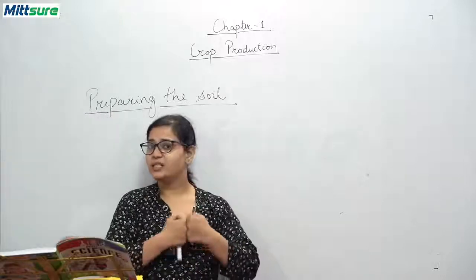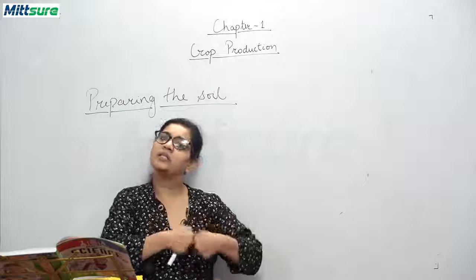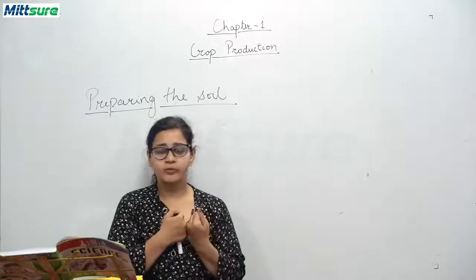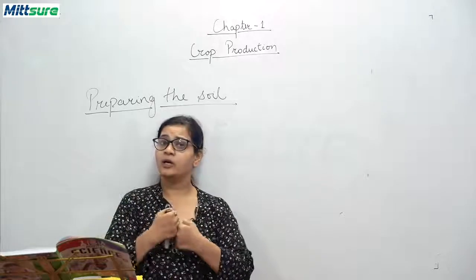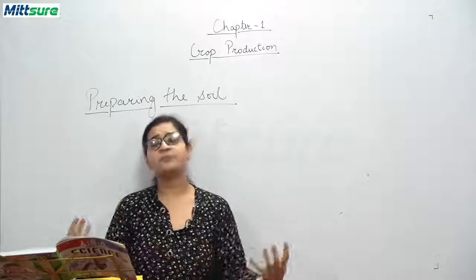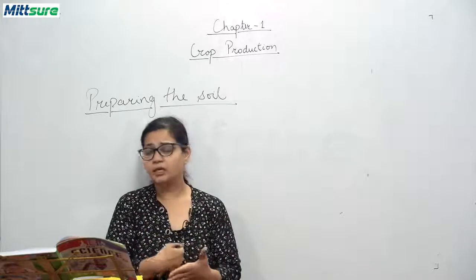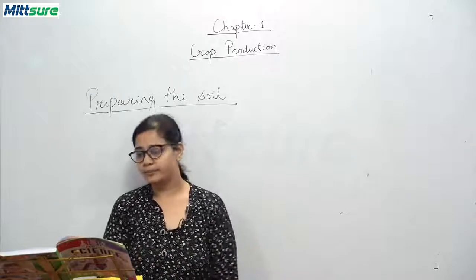Okay, now plants need moisture. Some plants may need more moisture, some plants may need less moisture. Nutrients are required by the plants to make food. So different types of things are required for the plants. And preparing the soil is the first and foremost important thing in our agricultural practices for growing crops.